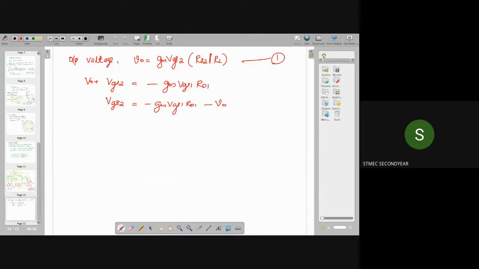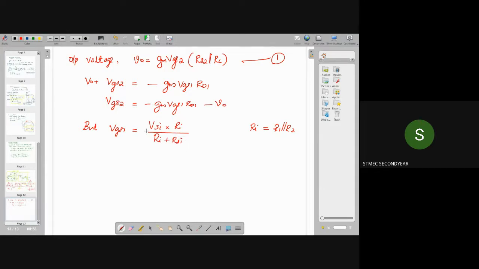So VGS1 is equal to VSI, the input signal, into RI, that is the parallel combination of R1 and R2, divided by the total resistance, RI plus RSI.